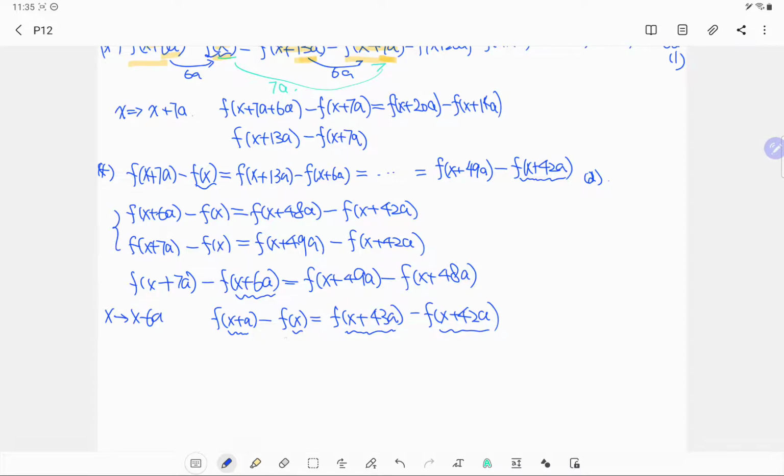And the difference between this argument and this argument is 42a. So they are just an integer multiplier.